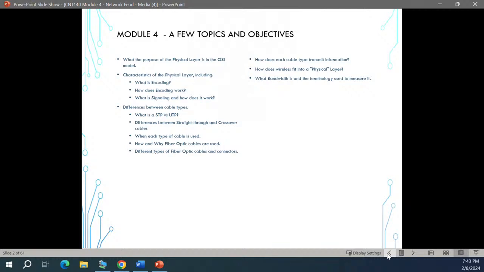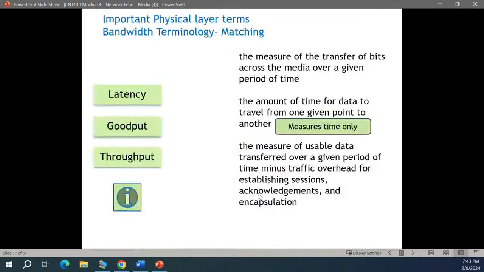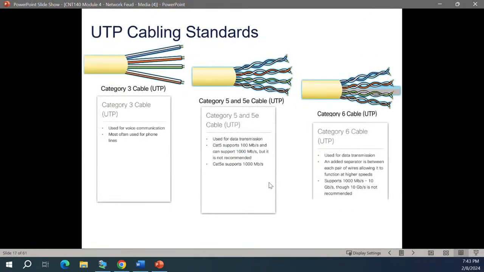Let's not get it wrong. 1,000 megabits per second, that would be a gigabit. But we said 100. So I think it's safe to say that 5E goes up to that, but it wasn't recommended. Let's pull it up so that we're not getting it wrong. I don't want to teach the wrong thing. But technically, if you have gig internet, you shouldn't be using 5E anyway. You should be using Cat 6.